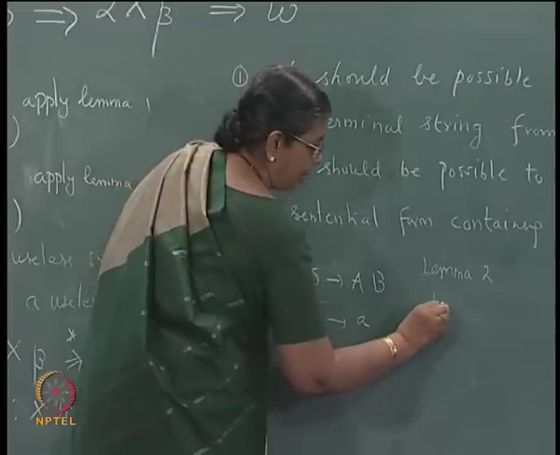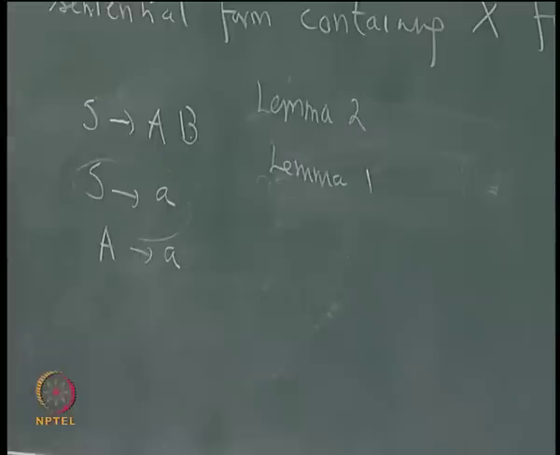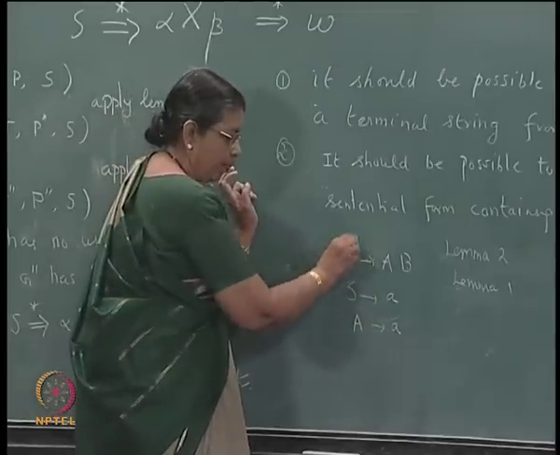Then apply lemma 1, which are the symbols which lead you to terminal strings. S and A lead you to terminal strings. So, B will be removed.